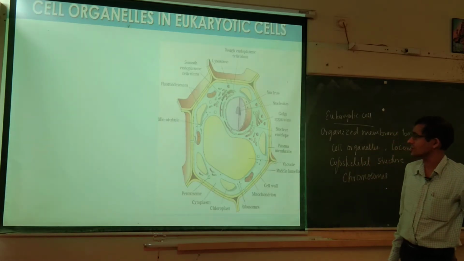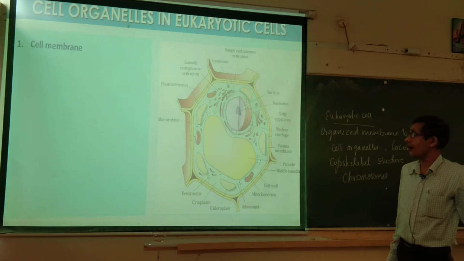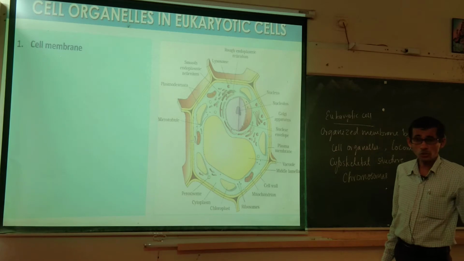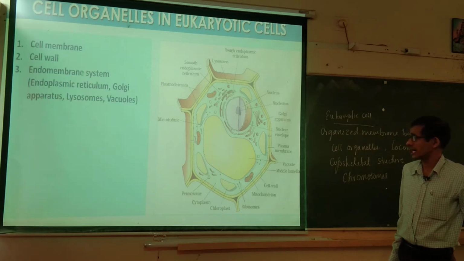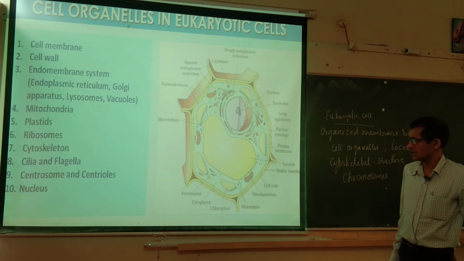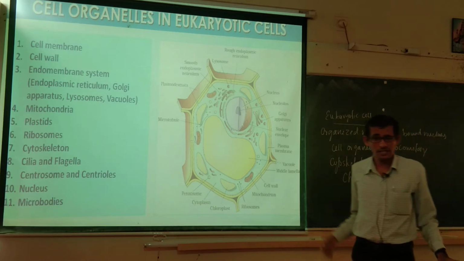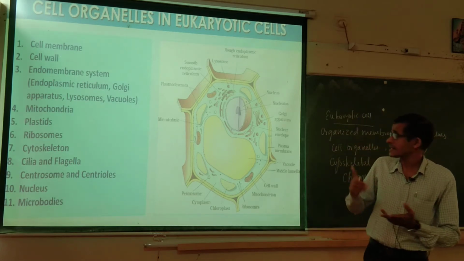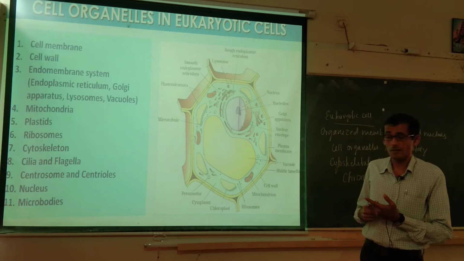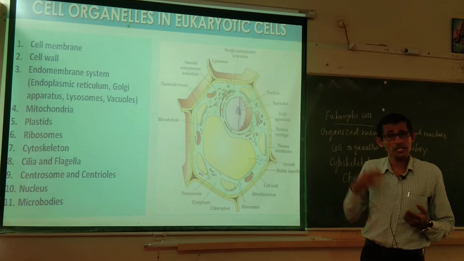Okay, let us continue the discussion. Now coming to the important part of the eukaryotic cell, the cell organelles. Here I have given the list, and we will see them one by one later: cell membrane, cell wall, endomembrane system. What does endomembrane system mean? Later I will explain.